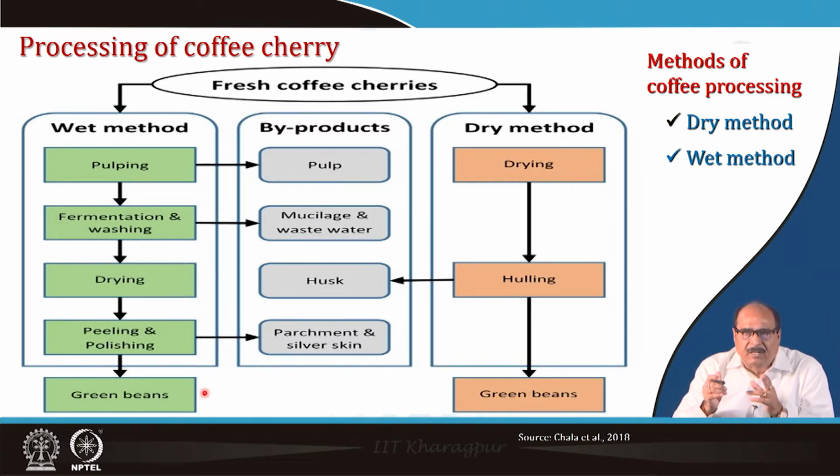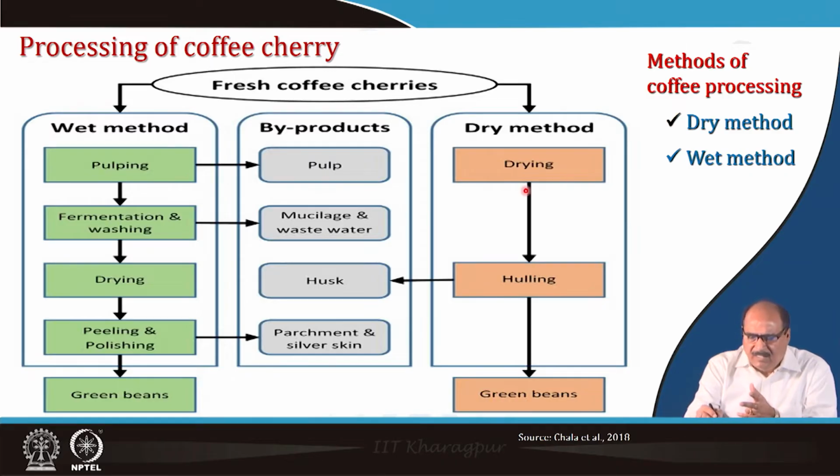In fact, there are two methods normally used, either the dry method or the wet method, and obviously the quality of the processed coffee beans depends significantly on the method of processing. The dry method is very simple.